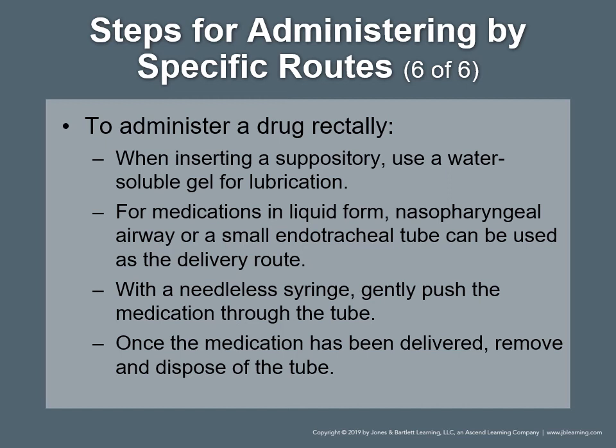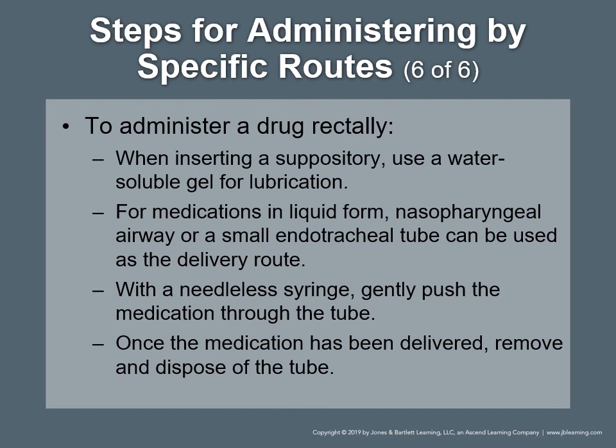For medications that are in liquid form, some modifications are needed. You may use a nasopharyngeal airway or a small endotracheal tube as your delivery route. Lubricate the end of the nasal airway or endotracheal tube with a water-soluble gel and gently insert it approximately 1 to 1.5 inches into the rectum.